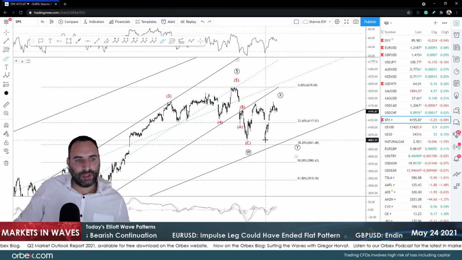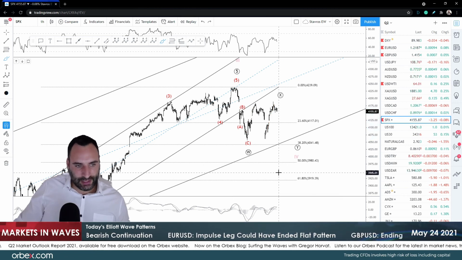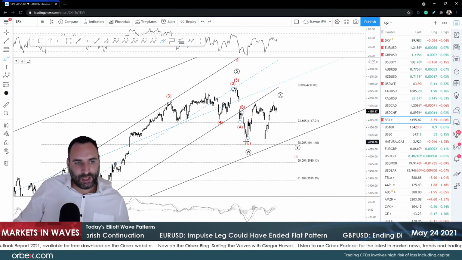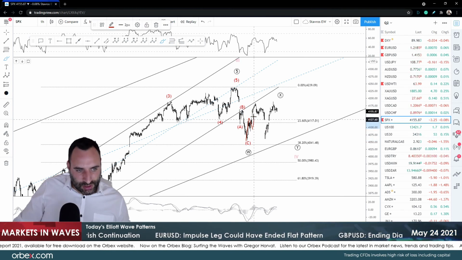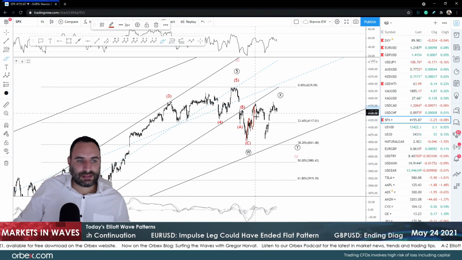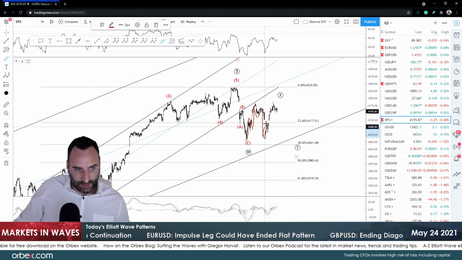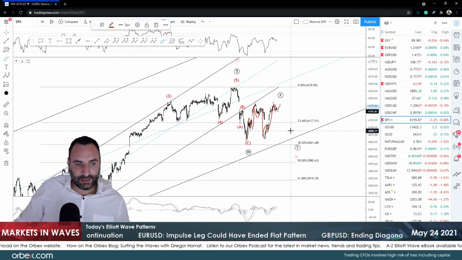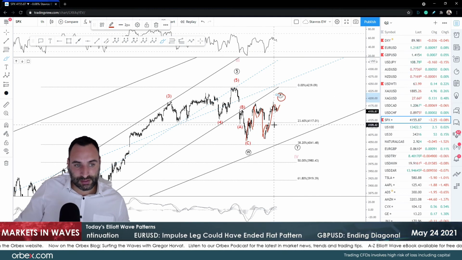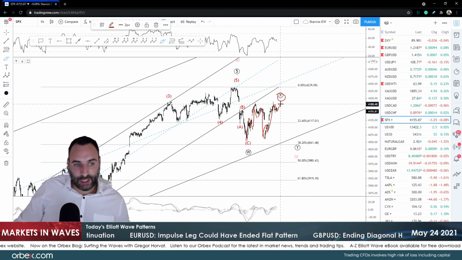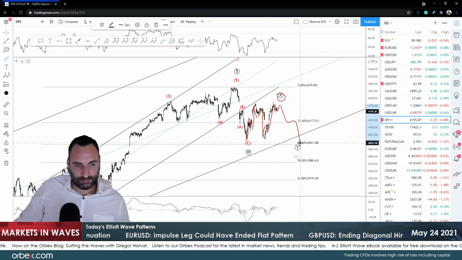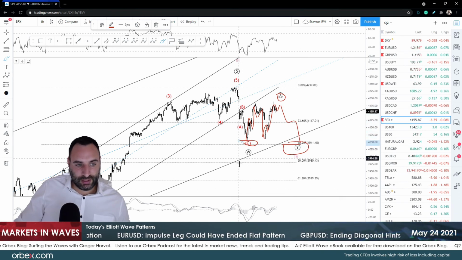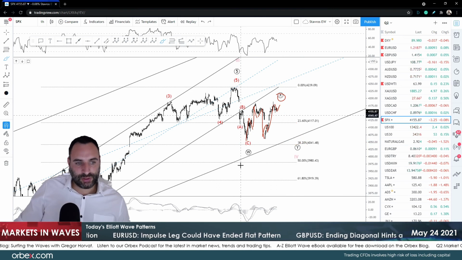But now we started moving higher again, and we received a rejection here. We did do a new high though. However, due to this looking like an ABC rather than anything else, and this looking like an ABC as well, then 1, 2, 3, 4, and 5 would be a flattened wave X, and then we could get another ABC down in wave Y, which is the 4041, something that we missed before.